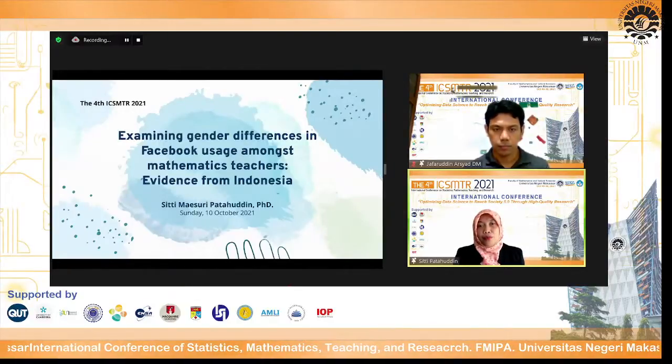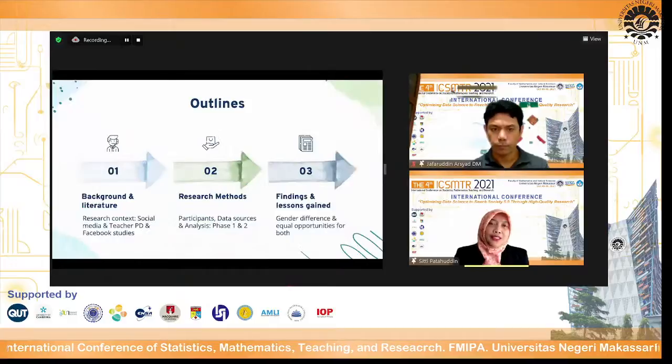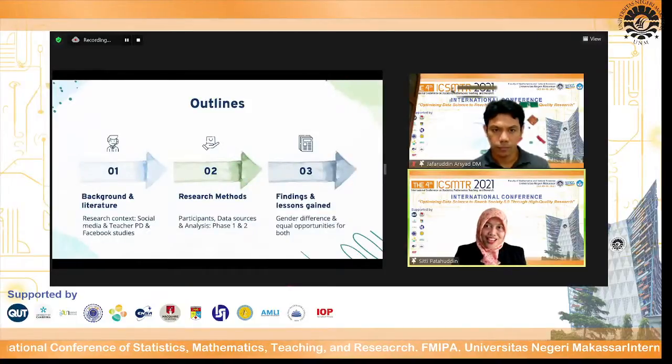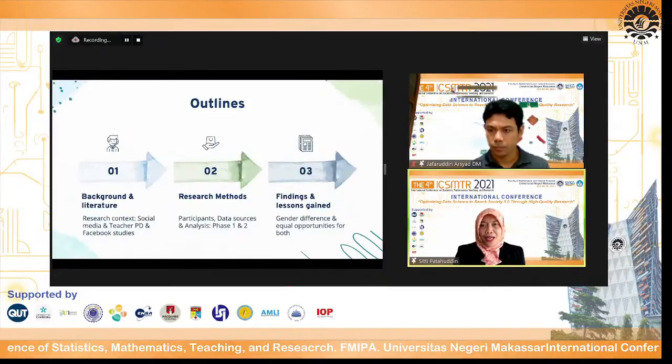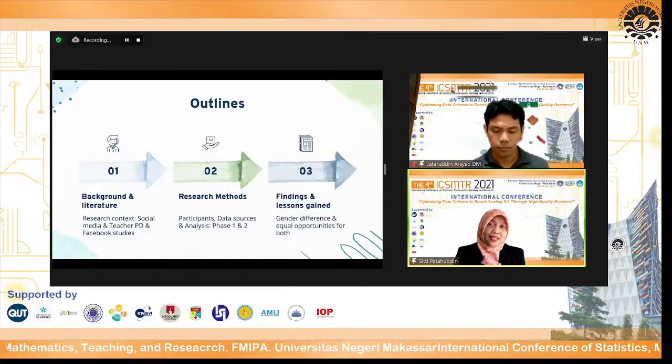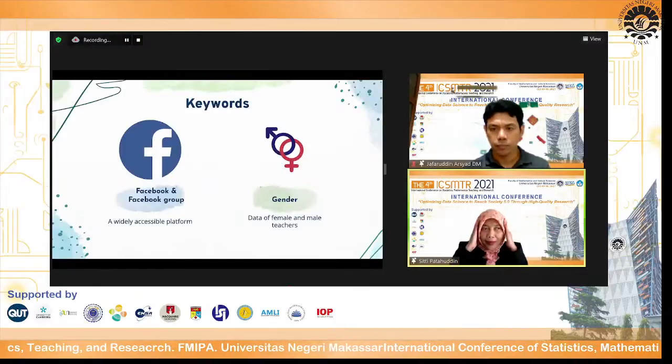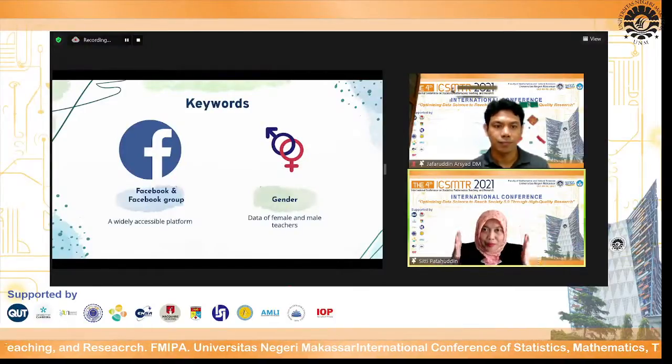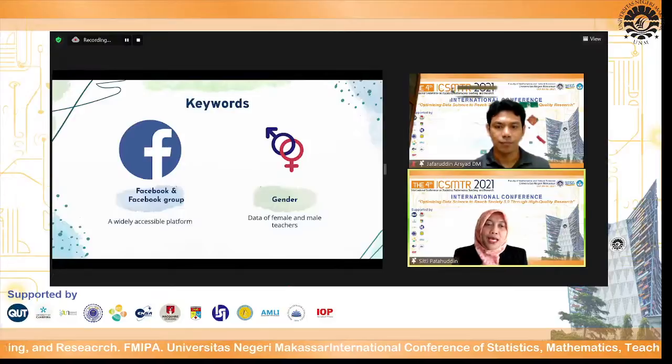And this is evidence from Indonesia. So this is the outline of my presentation. I am going to explain the background to illustrate why I am doing what I am doing. And then I will take you through the method and the findings as well as the lessons gained from this study. Okay, I have to manage my brain to speak in 2 languages.